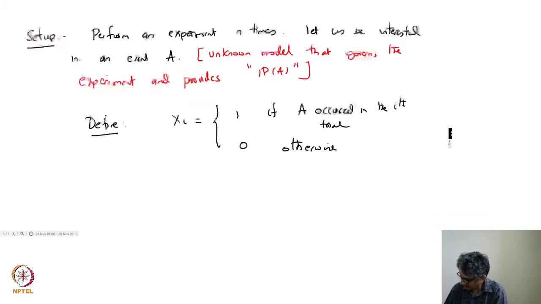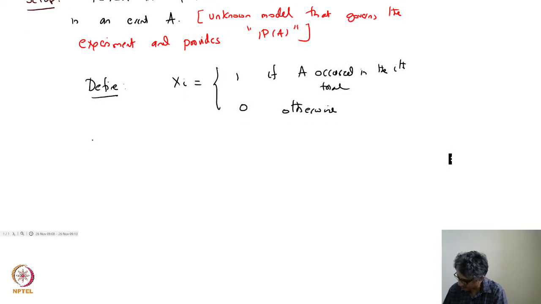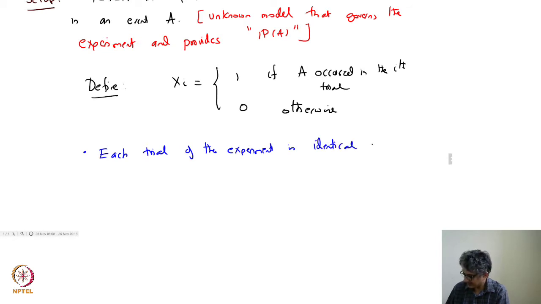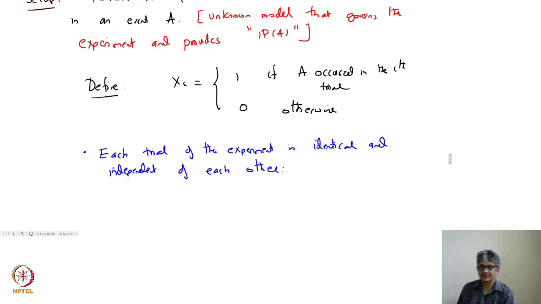So then the first thing we would do is make some assumptions that each trial of the experiment is identical and independent of each other. So we would make that assumption.